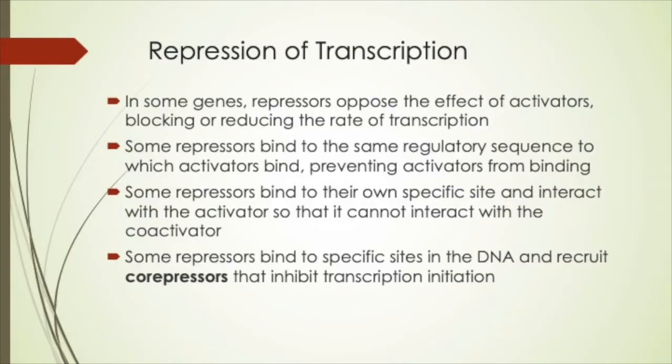In some genes, repressors oppose the effect of activators, blocking or reducing the rate of transcription. So some repressors will bind to the same regulatory sequence to which activators bind. Sometimes repressors will stop that binding from happening, that loop from happening.